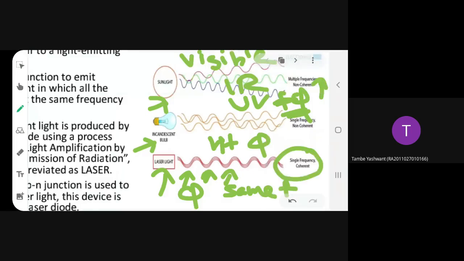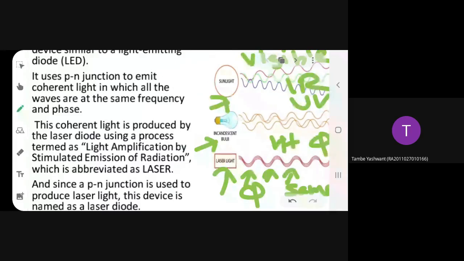That is the special feature of laser light, which you will be using in medical applications like correction of eye power, cancer treatment, and many other applications. Now you understood how laser light is different from other types of light.